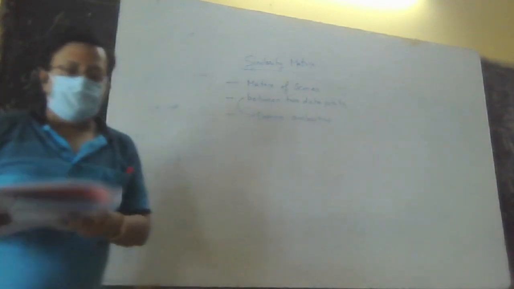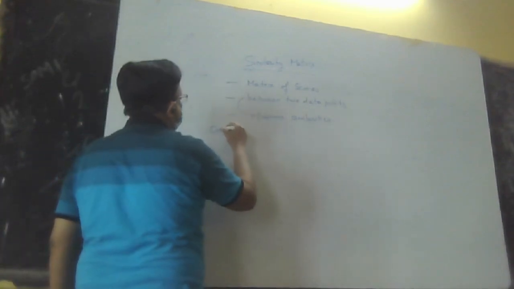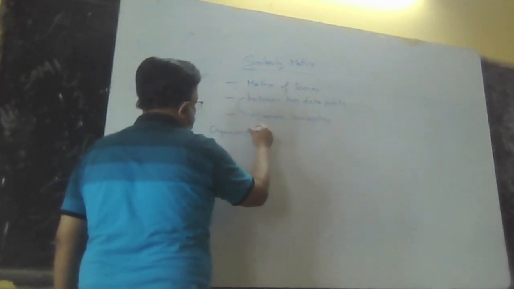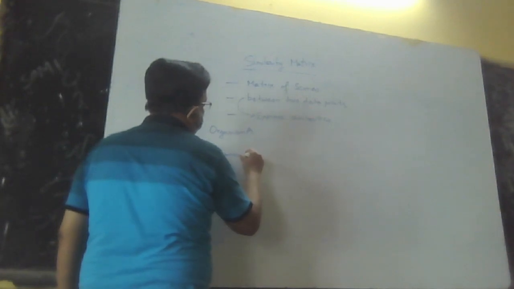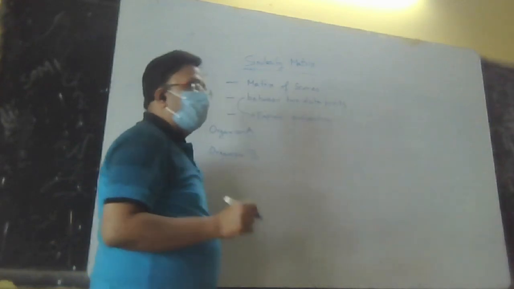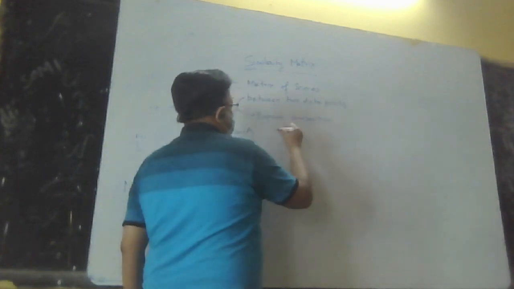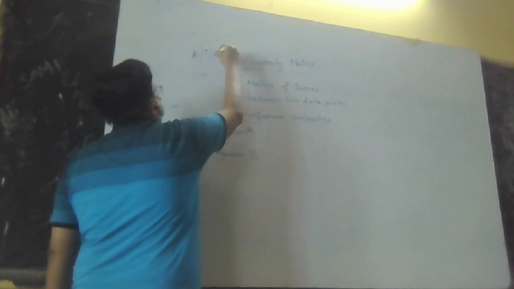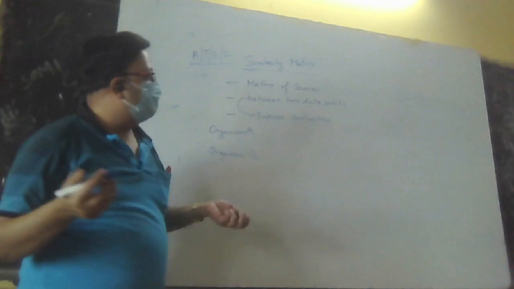Now, let us talk about the DNA sequences of two organisms, organism A and organism B. So you will have a similarity matrix. We are talking about nucleotide sequences. You know that DNA has four nucleotides, A, T, G and C. It is the combination of these which gives a particular gene sequence.